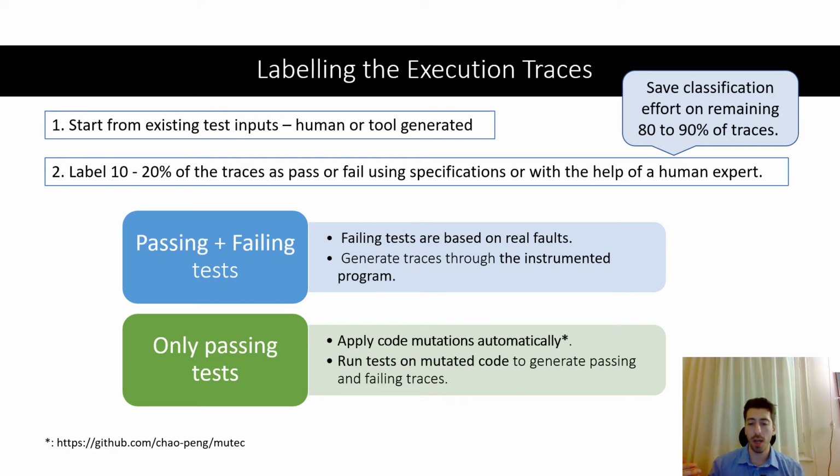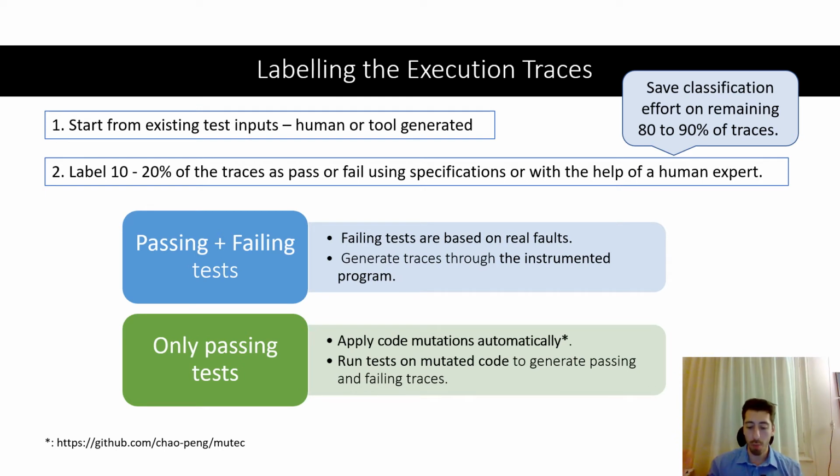If we get failing tests from this specific mutation, then we keep that mutation and we run all the tests on this mutated code, and we generate a data set of both passing and failing traces. Balance doesn't matter.